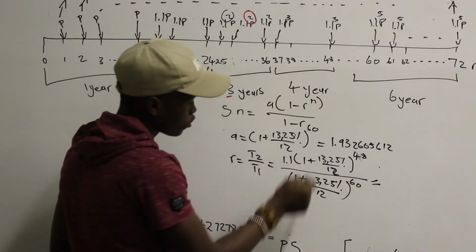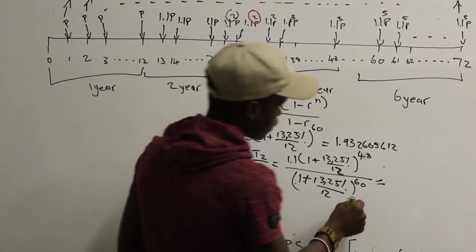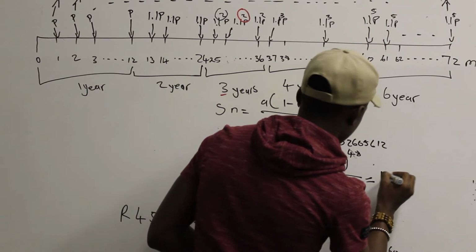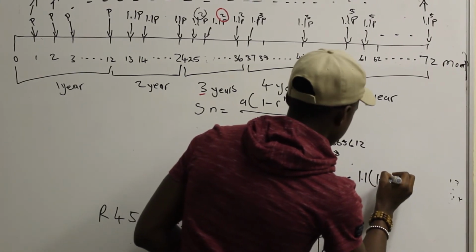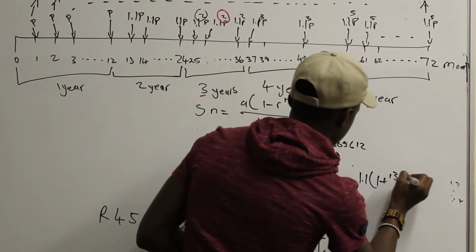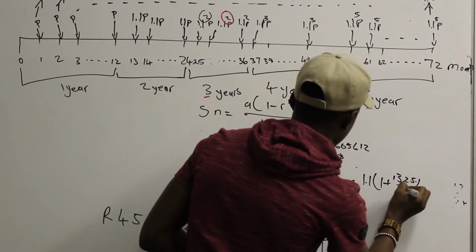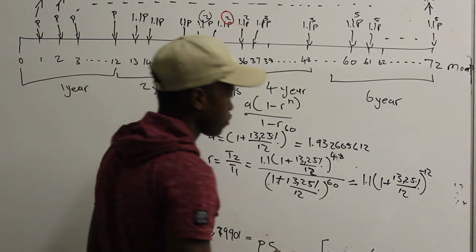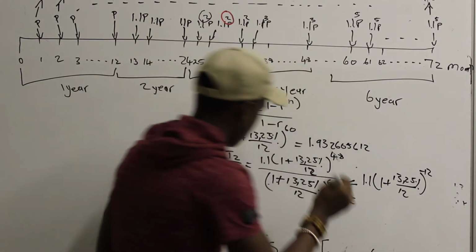By this law of exponents, you can take the 2 and then subtract. You're going to find 1.1 open bracket 1 plus the interest divided by 12 to the power of minus 12, since 4 minus 16 is minus 12, and then we find what is there.